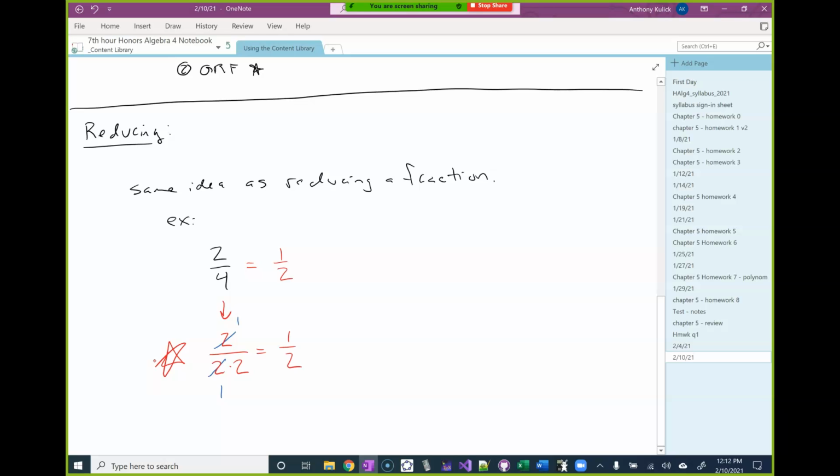That is the method that we want to employ here when dealing with rational functions. Okay? The reason we want to do that, as opposed to just dividing the top and bottom by 2, like some of us probably learned to reduce fractions in elementary or middle school, is that method is going to be bad for us if we start having polynomials.